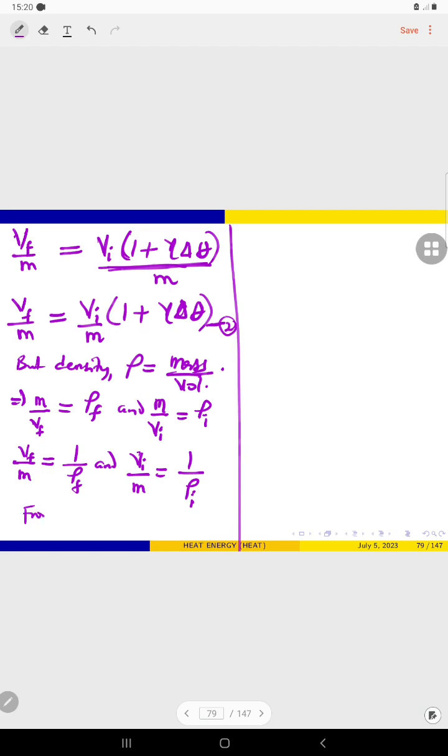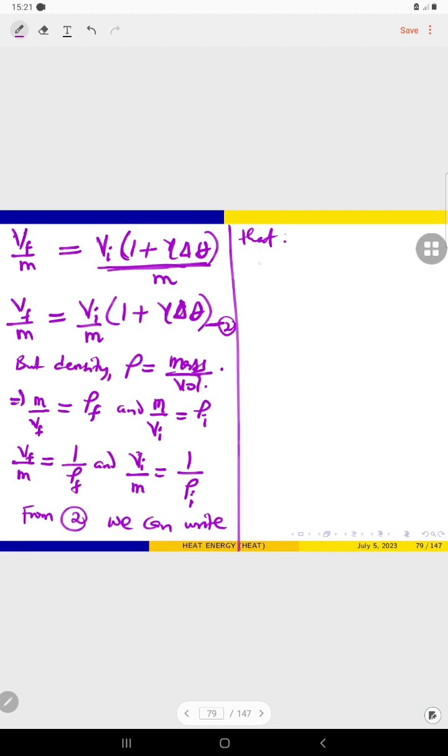So from equation 2, we can write that Vf over m can be indicated as 1 over rho F, and this is equal to 1 over rho I (1 plus gamma delta theta). Is that not it?